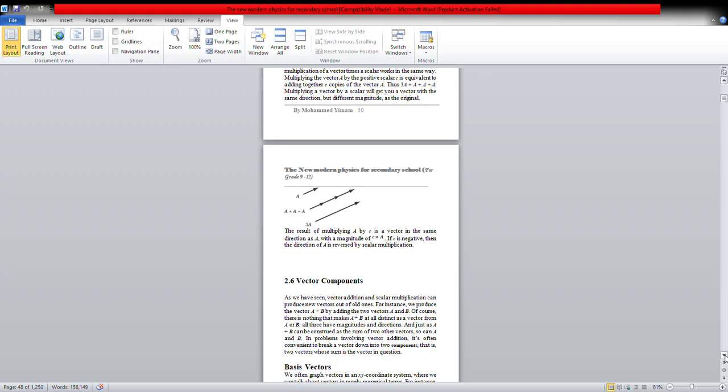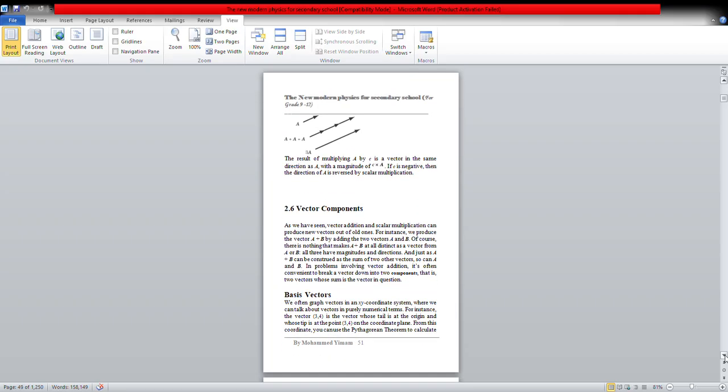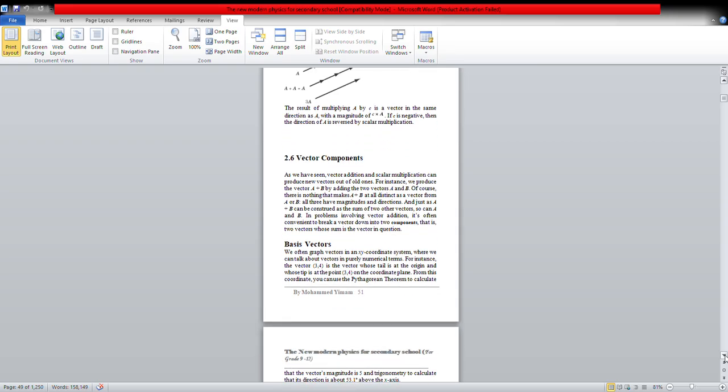Vector components. As we can see, vector addition and scalar multiplication can produce new vectors out of old ones. For instance, we produce the vector a plus b by adding the two vectors a and b. Of course, there is nothing that makes a plus b any different as a vector from a or b.